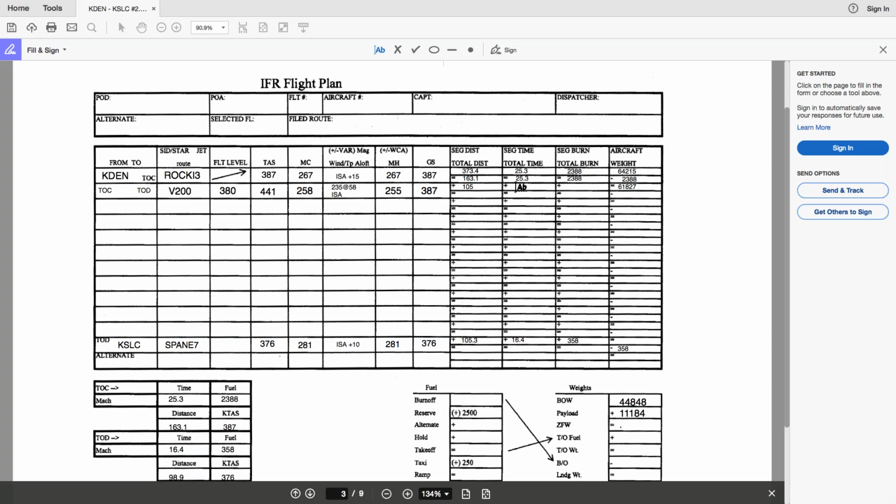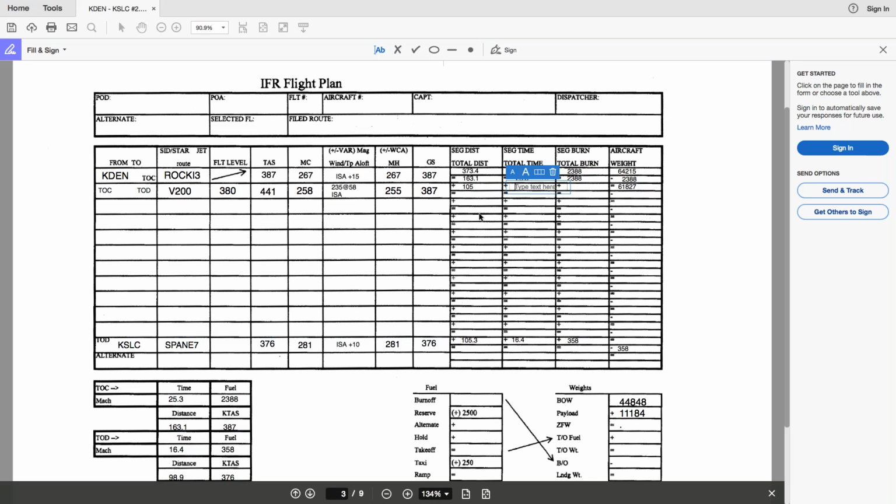Everybody get the same thing? 255 and 387? Okay, that being said, now we can figure out our segment time, correct? Okay, so how do we figure out our segment time?